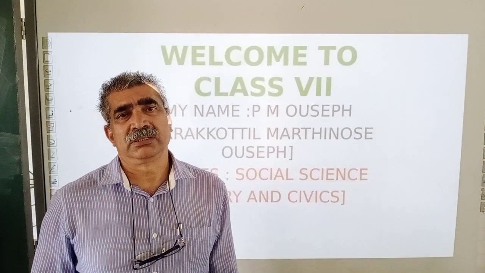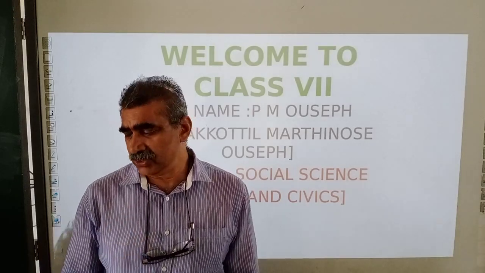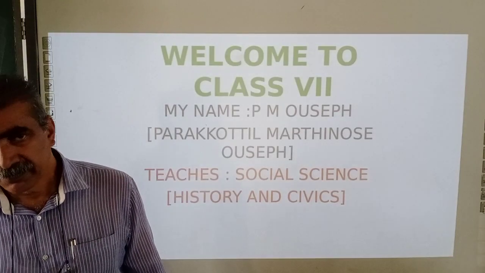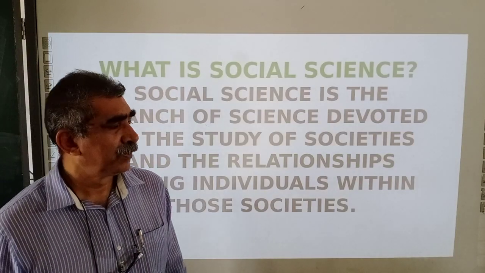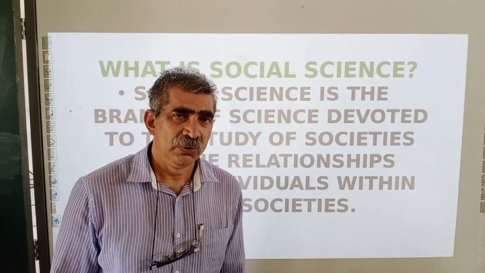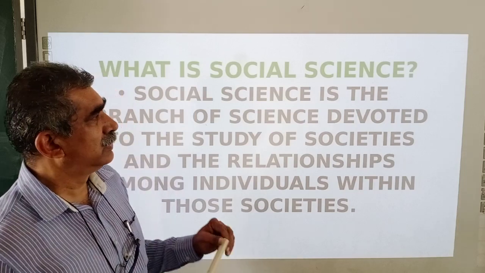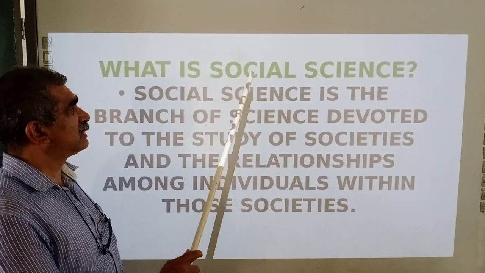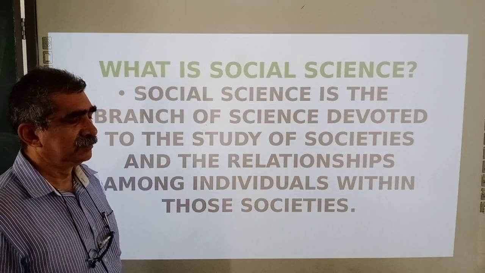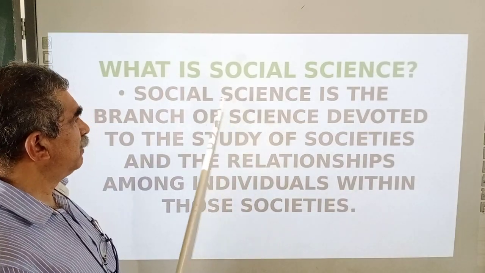Social science is a branch of science which we are going to discuss. See, here you see a question. What is social science? And you can see the explanation given.